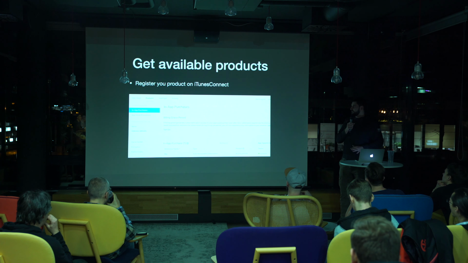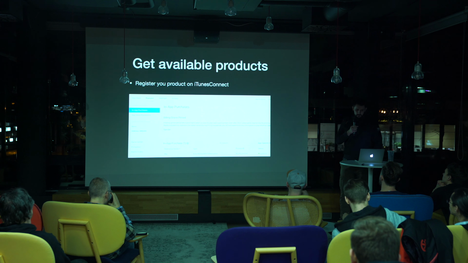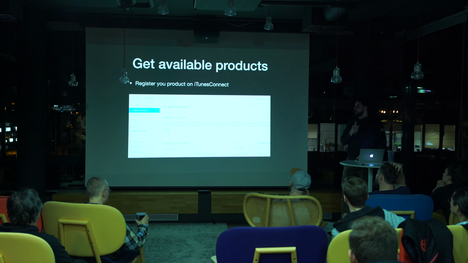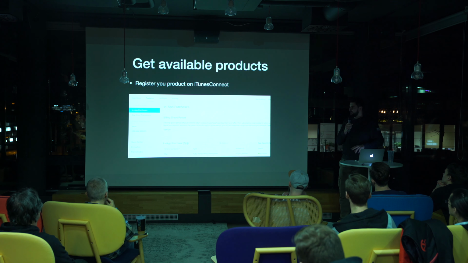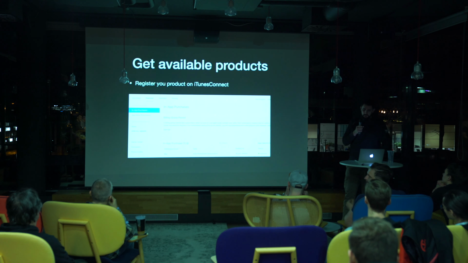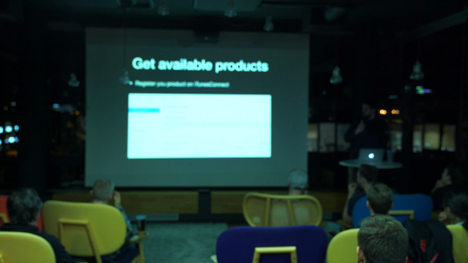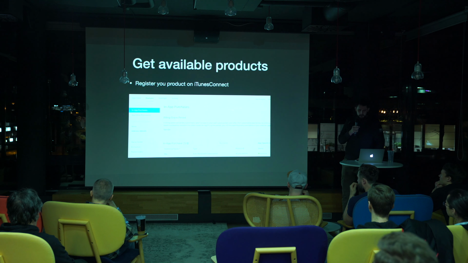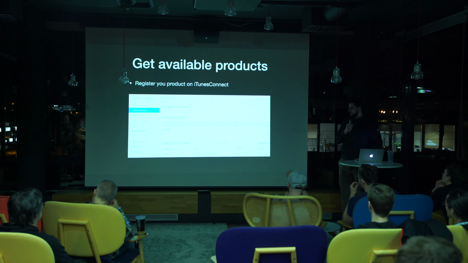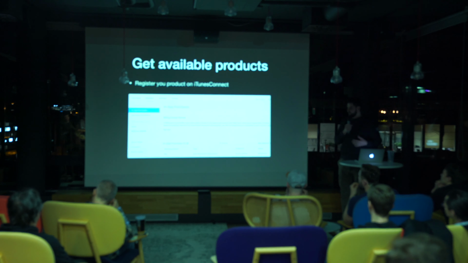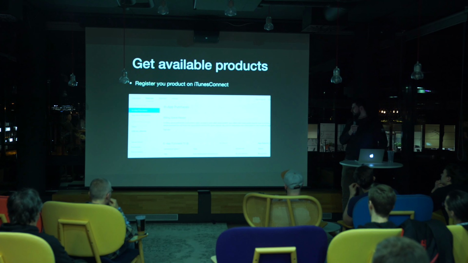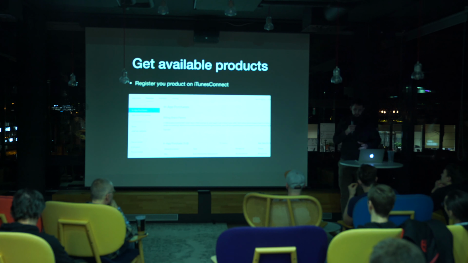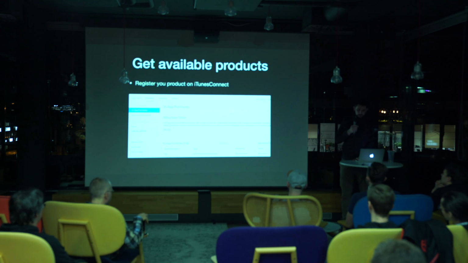So first, before you start writing some code, you should log into your iTunes Connect where you should register your app, and then in features you select in-app purchases and register your new StoreKit product. You can write the product name, description, select the type of your in-app purchase, select a product identifier, and select some date when you, for example, select subscriptions.